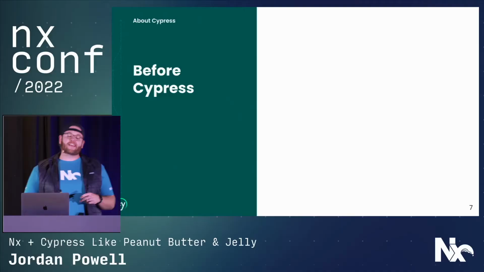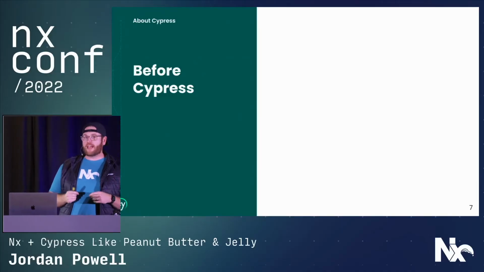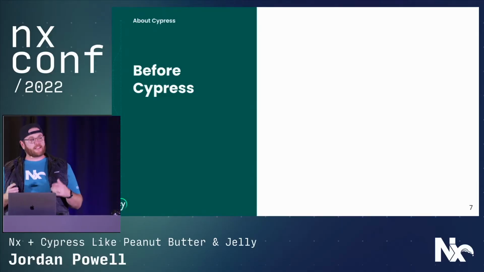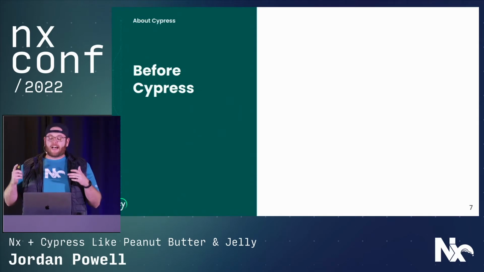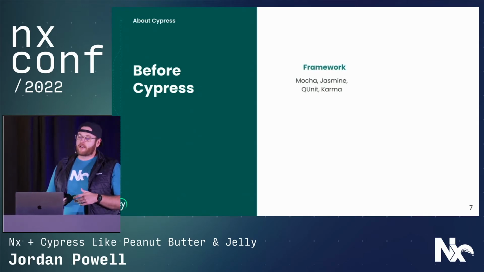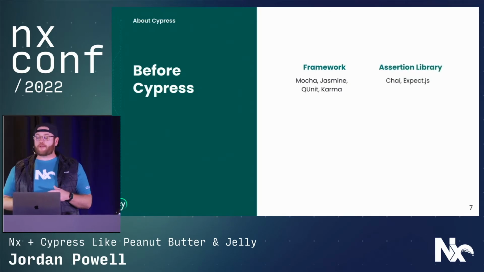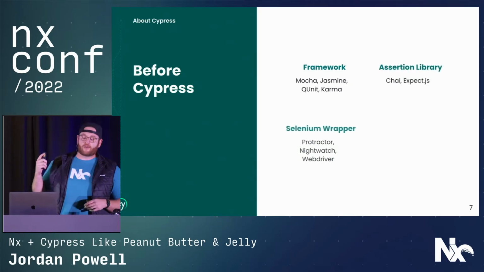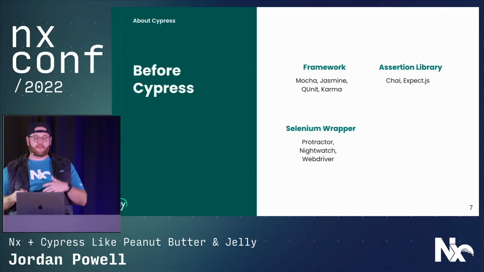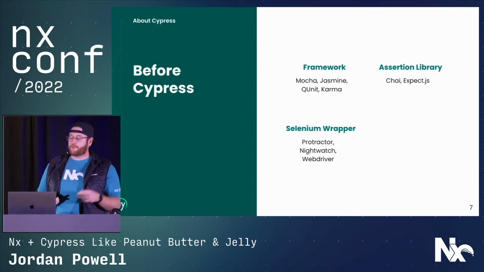All joking aside, before Cypress, in order to do end-to-end testing, you had to make a series of very difficult technical decisions, like which framework you wanted to use, which assertion library, which type of Selenium wrapper, maybe Protractor, Nightwatch, or WebDriver.